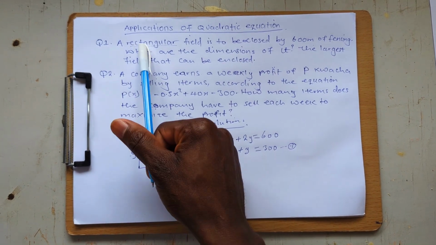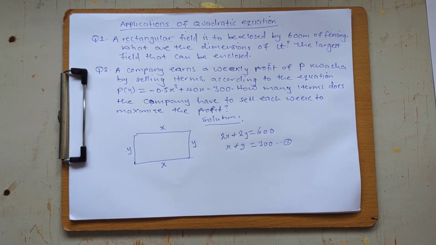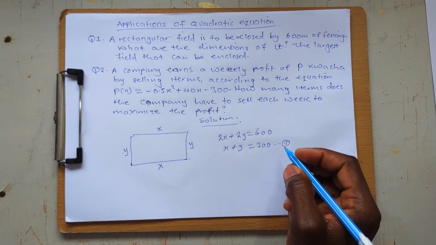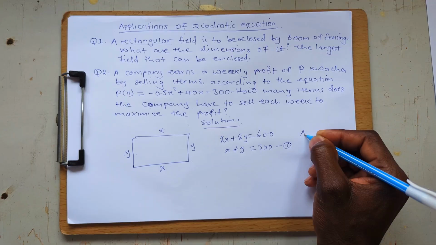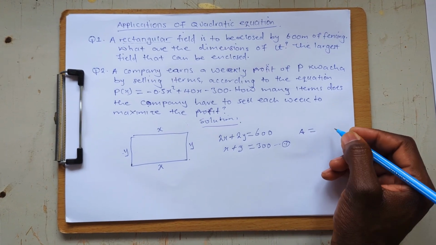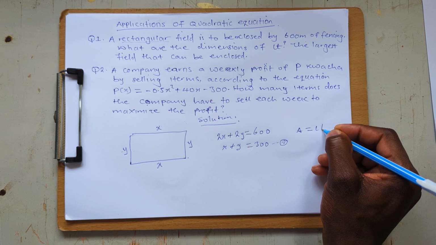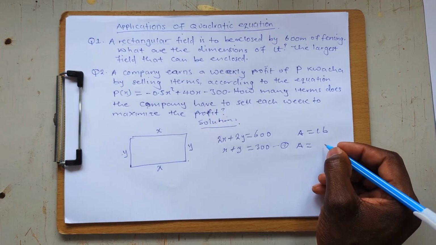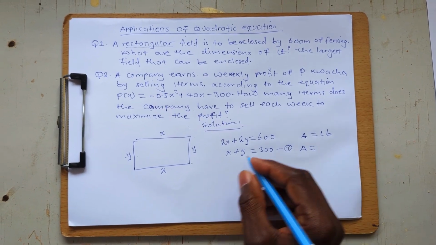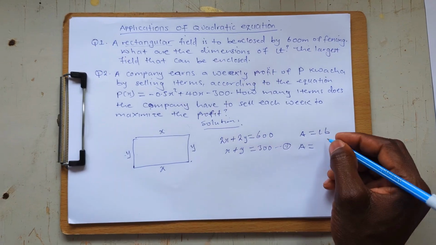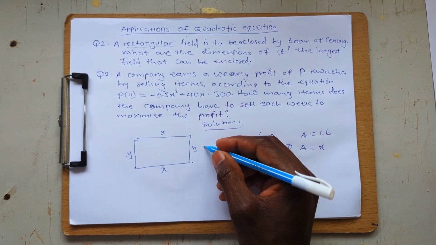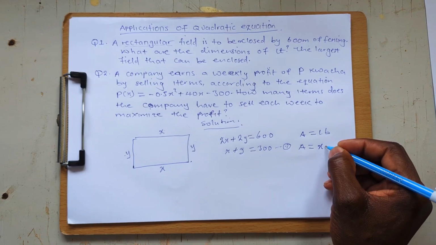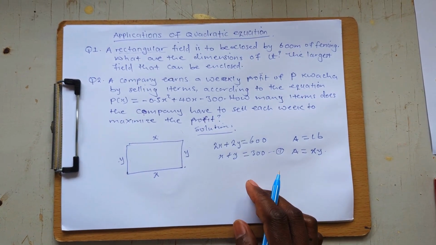If you go to area itself, how do you get the area of a given rectangle? Area is equal to length multiplied by breadth. So area is equal to, what is our length? In this case, our length is x. And what is our breadth? I'll take that to be y, which is the height.